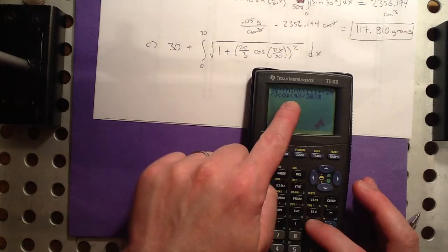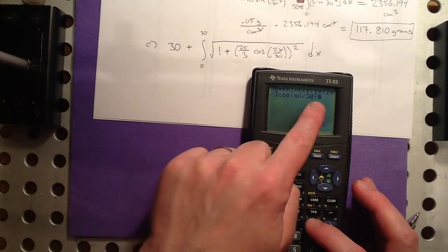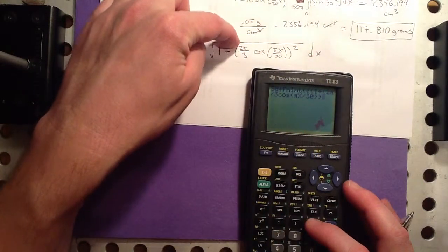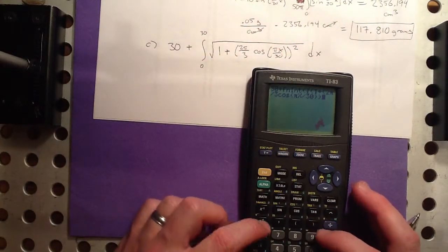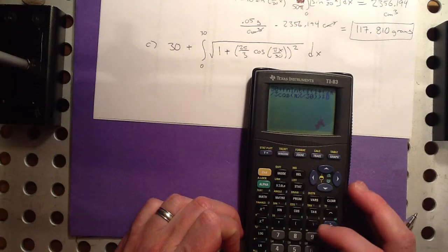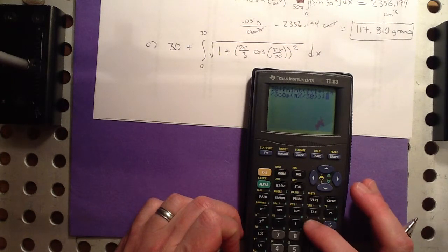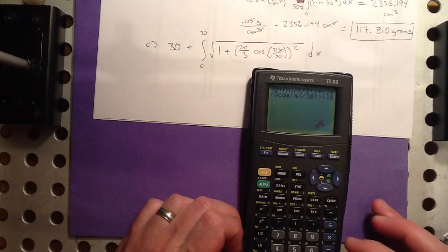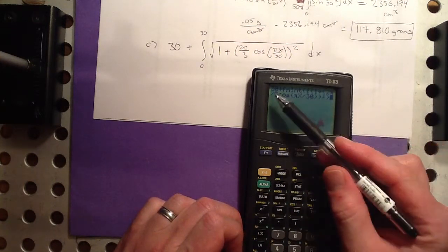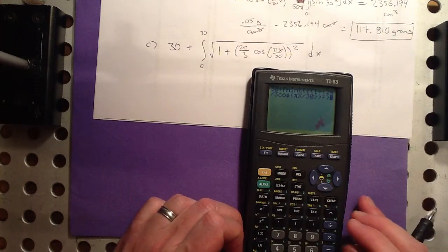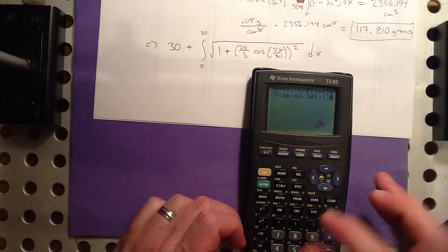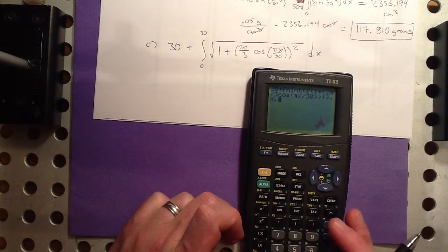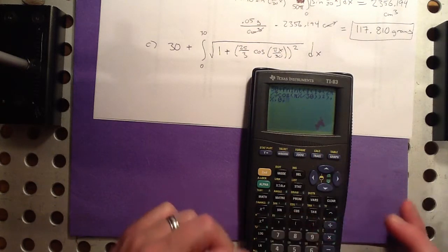That closes the cosine function. That closes the 2 pi over 3 yada yada yada. And that last one closes the square root sign. If you've got a fancier TI-84, it might give you the square root bar. That makes it a little bit easier. Okay, so I think I'm good for parentheses there. Comma x, comma 0, comma 30.